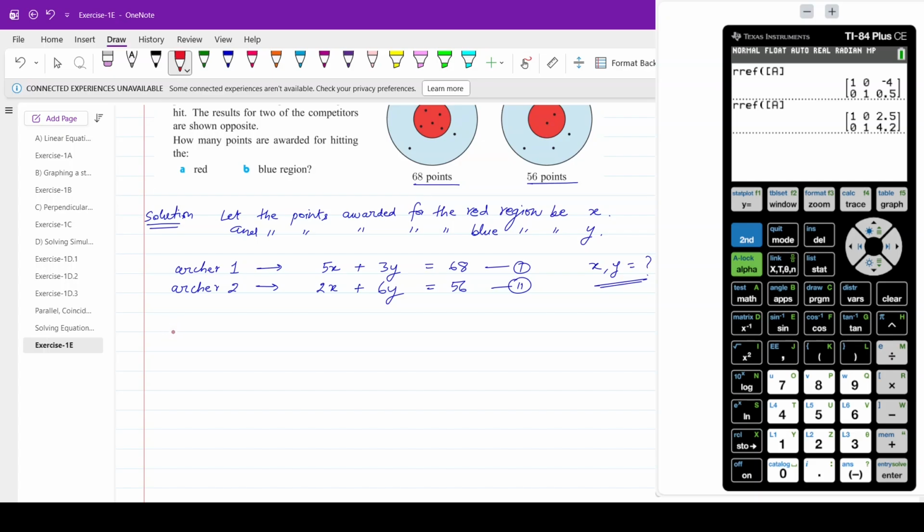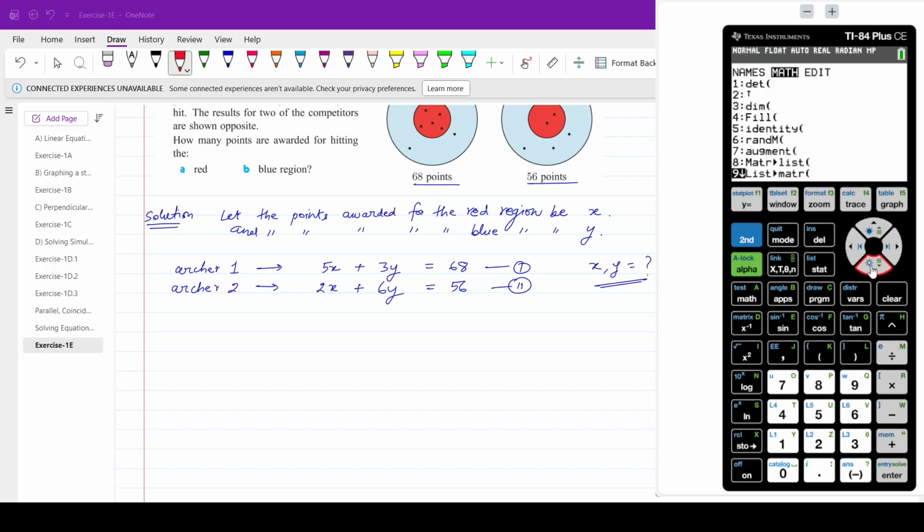using graphing calculator. I'll go to matrix and I'll edit, 2 cross 3 is correct, and our matrix will be 5, 3, 68, 2, 6, 56. I'll quit and I'll go to matrix again.